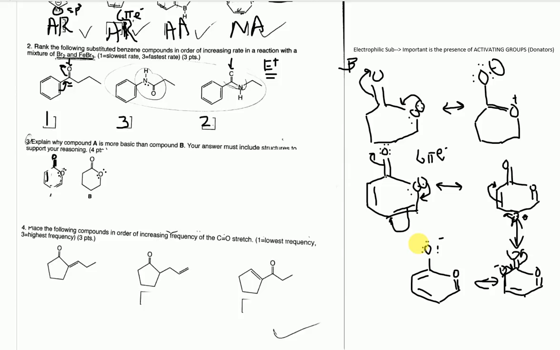Okay, so with this structure, the reason why A is more basic than B has to do with the aromatic nature.